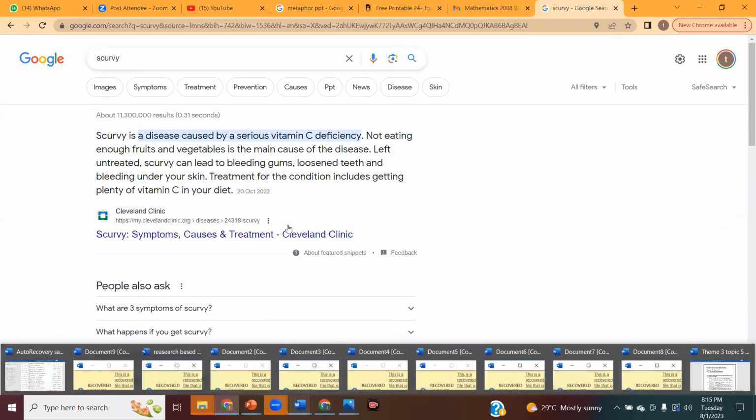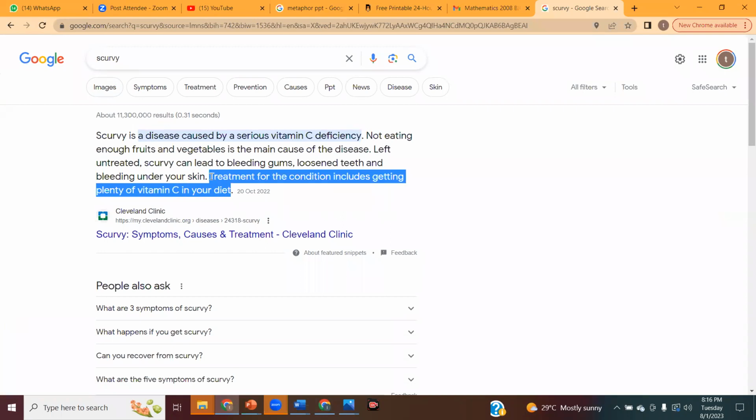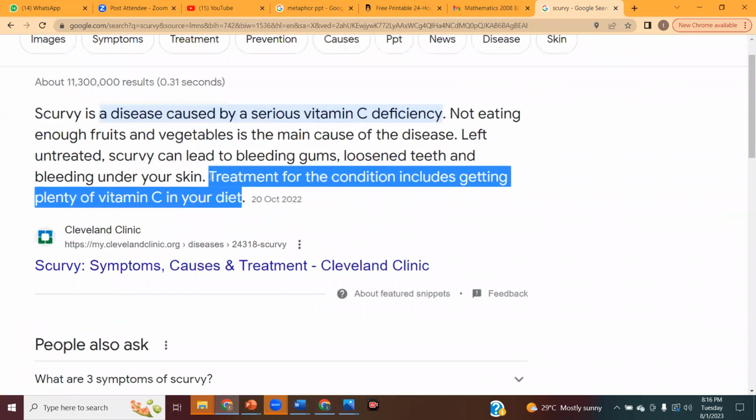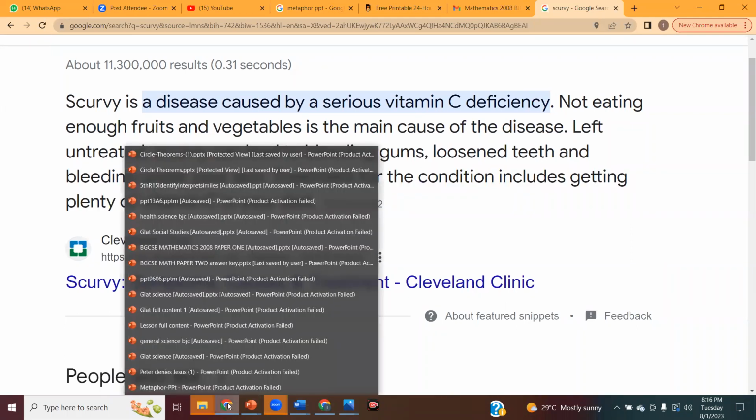It causes bleeding gums, loosened teeth and bleeding under your skin. That's not good stuff, right? What does it say the treatment is? Getting plenty of what? Vitamin C in your diet, okay?